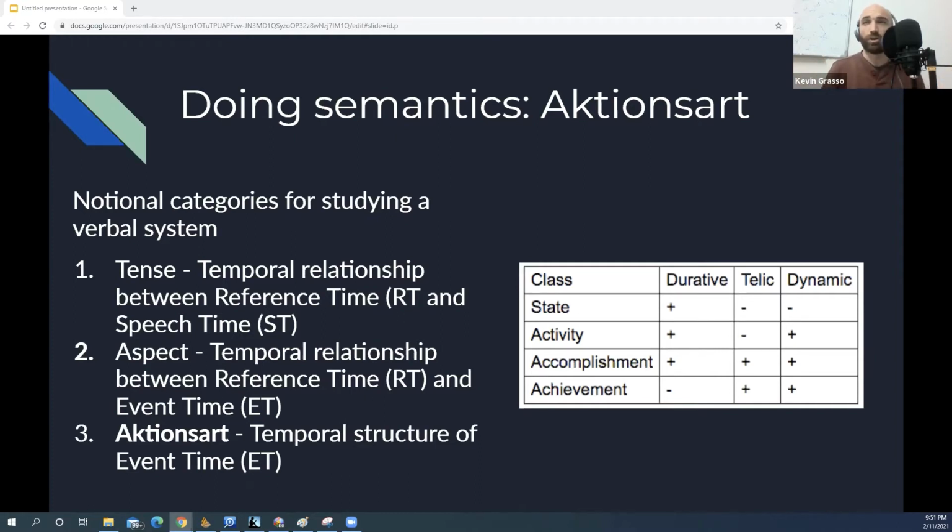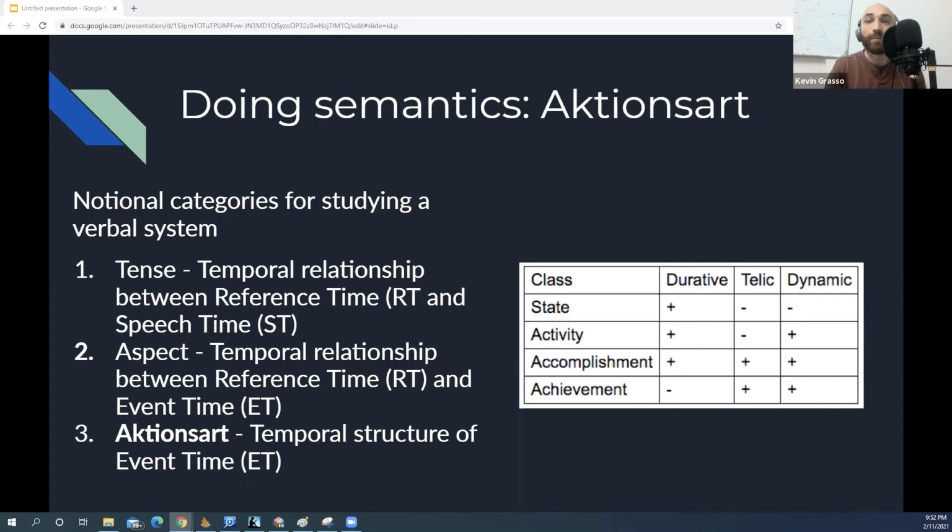So there's no necessary ending to loving my wife, right? It just goes on. I mean, it might end, right? Any of these situations could theoretically have an endpoint, but there's no natural ending to it. Contrast that with something like build a house, right? So building a house has a natural endpoint where, once the house is built, that is the end of that building a house event.